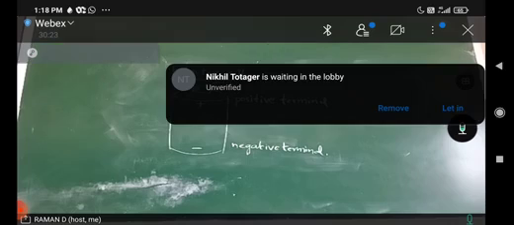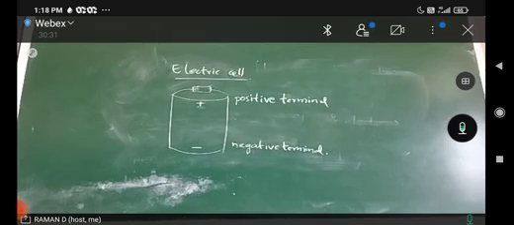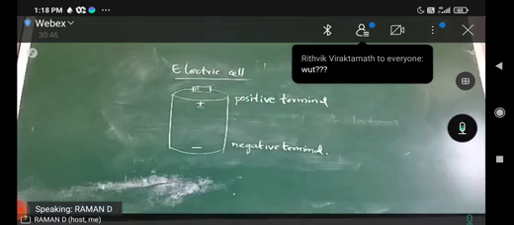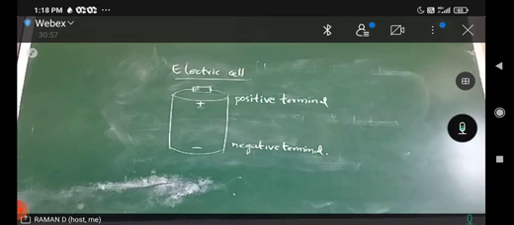These chemicals generate electricity by some reactions, right? Once the chemicals are fully used up in those reactions, the electric cell will stop producing electricity. So the chemicals present inside the electric cell produce electricity, and thus we get electricity from the electric cell.